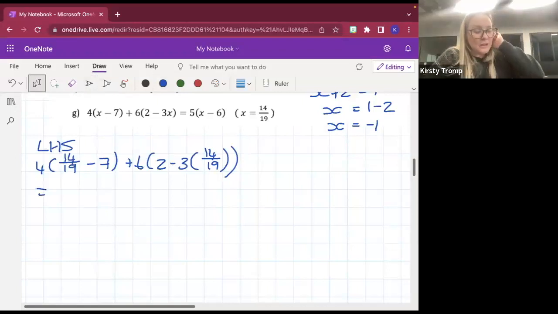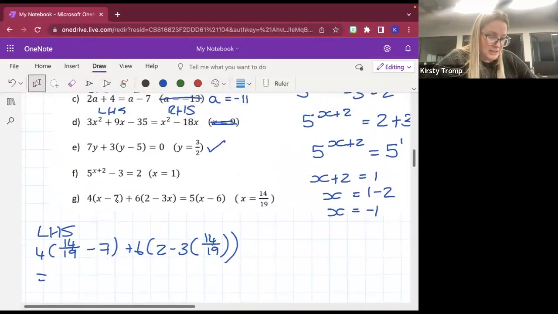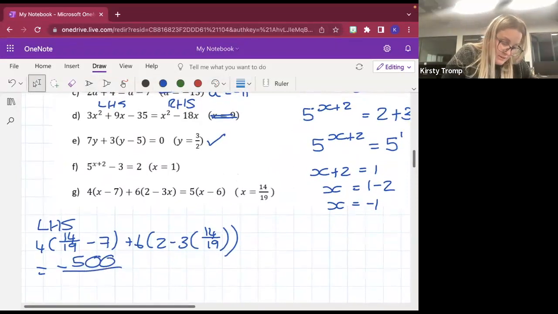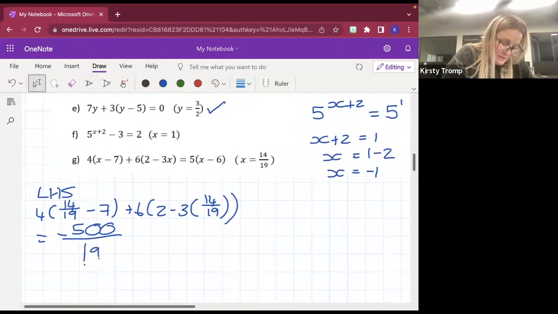What do you get on your calculator when you do that sum, guys? You can tell me in the chat. All right, negative 500 over 19.